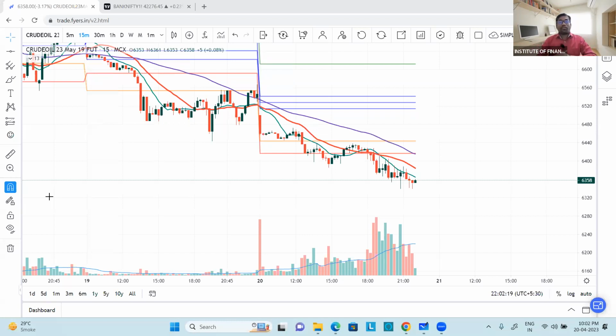Then what will you do? There will be confusion. One will show an uptrend, the other a downtrend. Which trade will you take? If you are confused and not taking the trade, that movement will be very big, and if you miss that movement, you will definitely be crying.